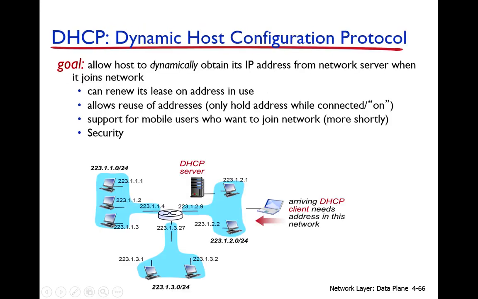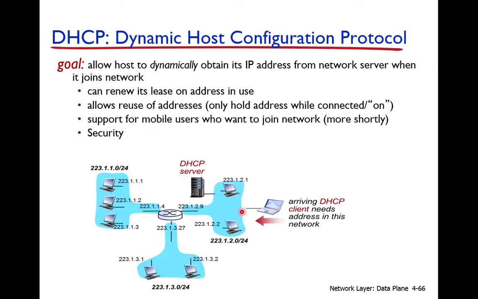The DHCP server can renew its lease on an address in use. It also allows reuse of addresses, because the IP address is held for a certain time. If that time is expired and the client doesn't renew the IP address, then that address can be assigned to anyone else. It supports mobility.